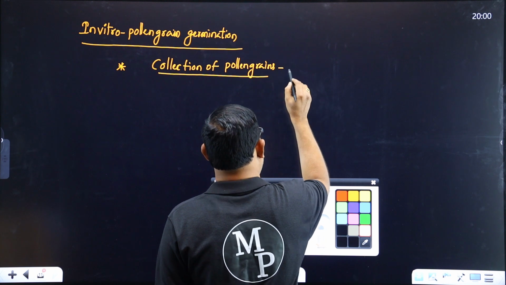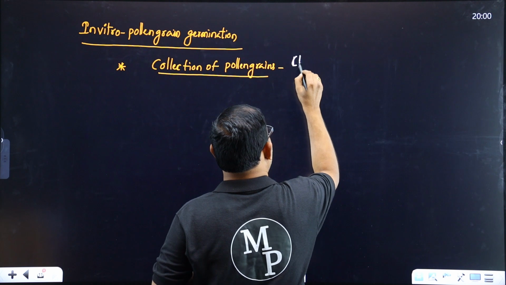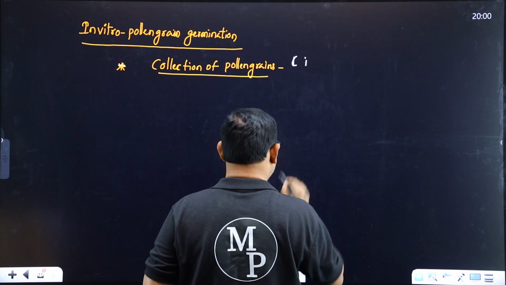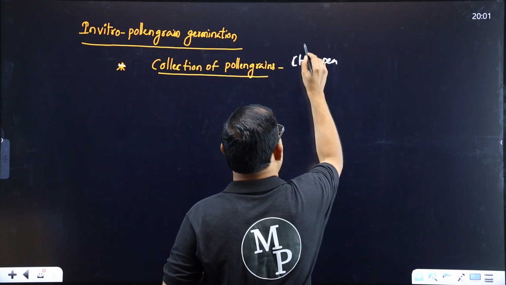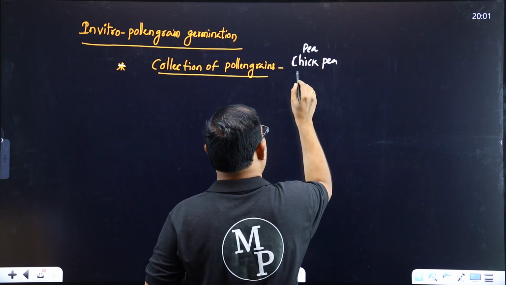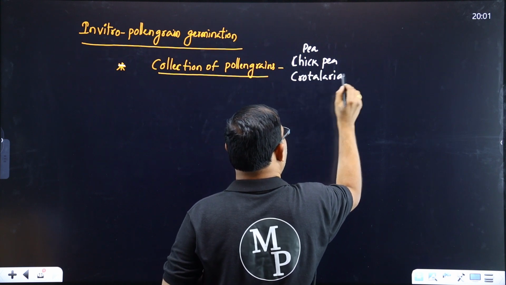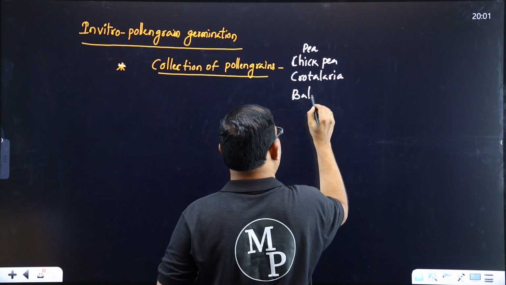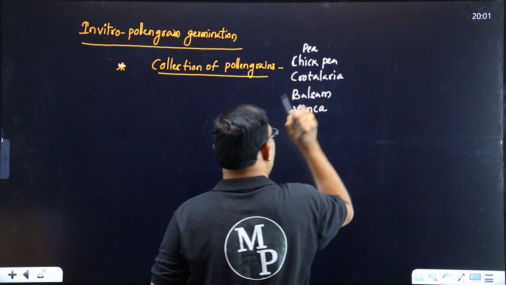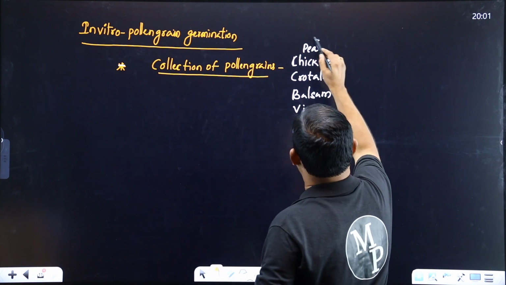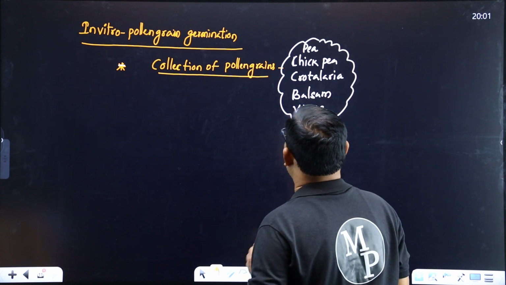Very important: pea, chickpea, Crotalaria, balsam, vinca plants.